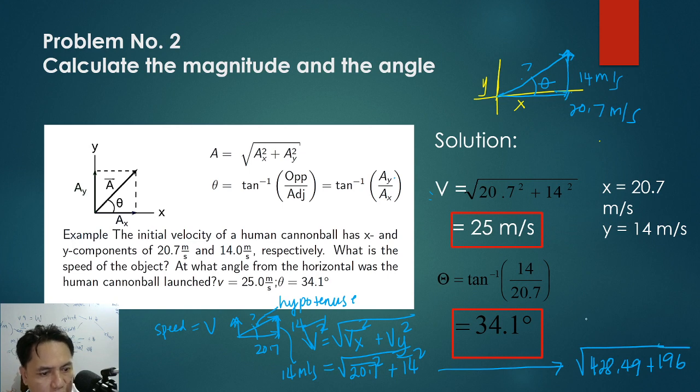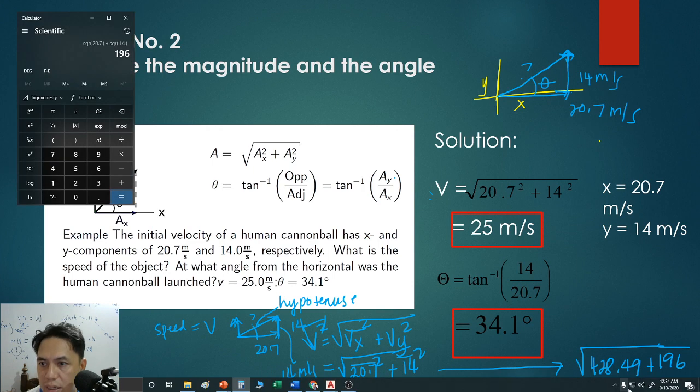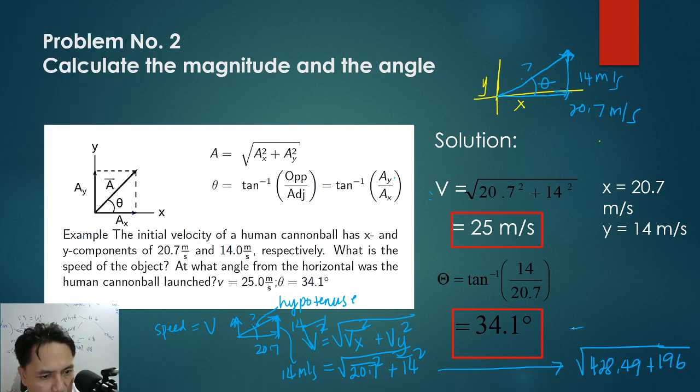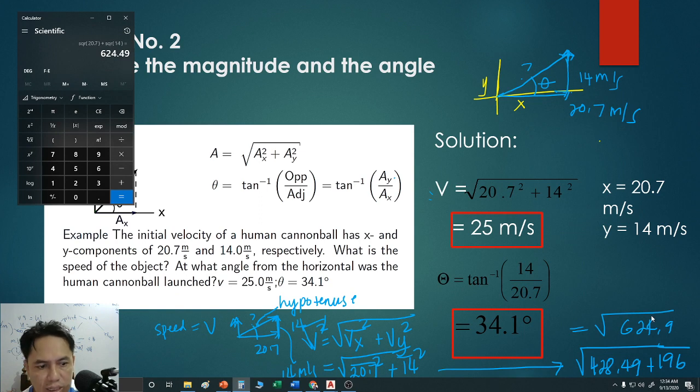If we add these two values, our calculator says 624.49.